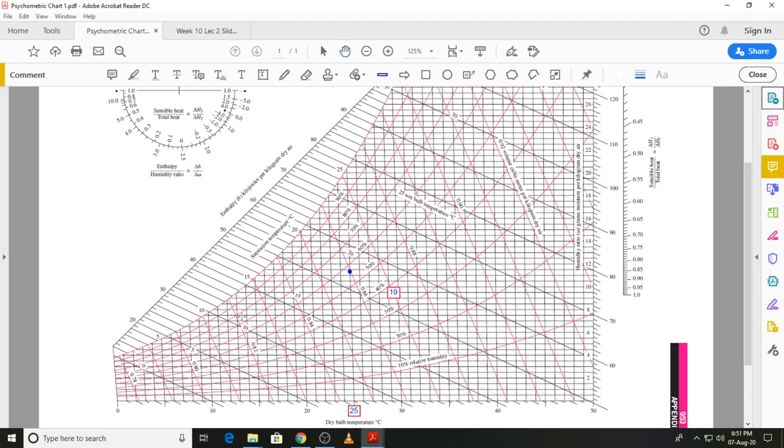We know that it has a dry bulb temperature of 15 degrees C, and we have 15 degrees C over here, and I will just draw a vertical line over here to show that this is the line on which state 1 will lie.